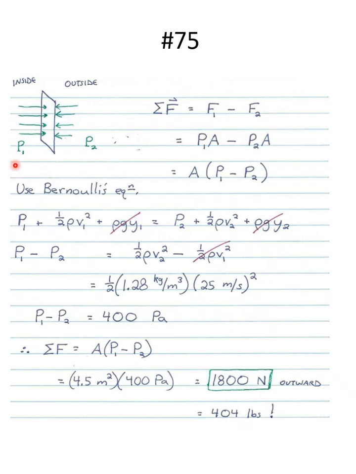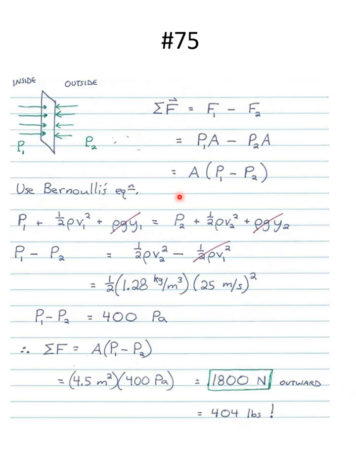I'm calling to the right the positive direction, so the pressure pushing from inside is F1 minus the pressure from outside F2. So we have P1 area minus P2 area. And it's the same area of the same window, so we're going to get area times P1 minus P2.